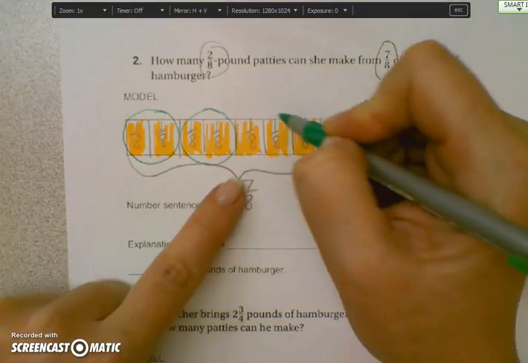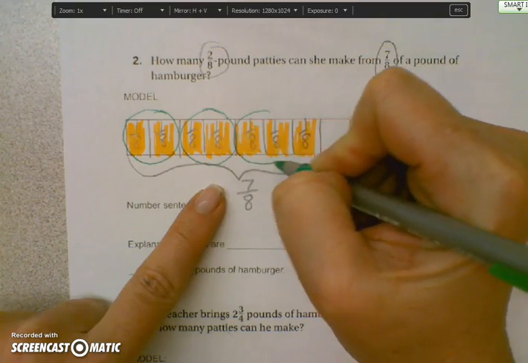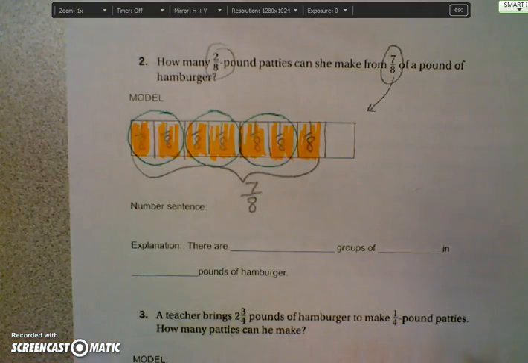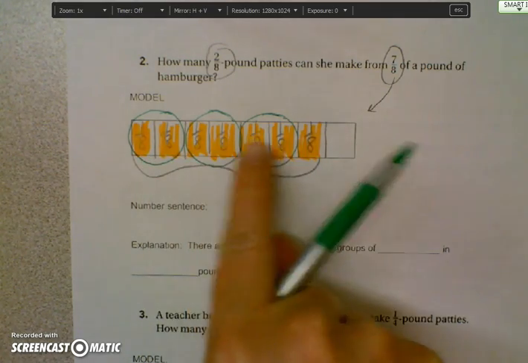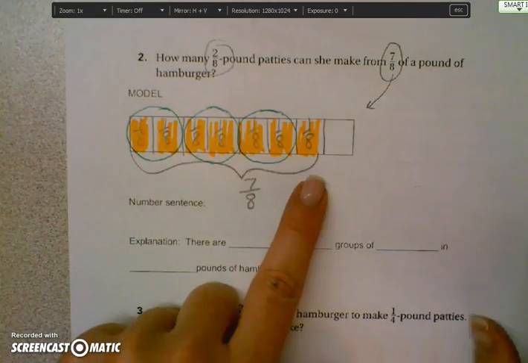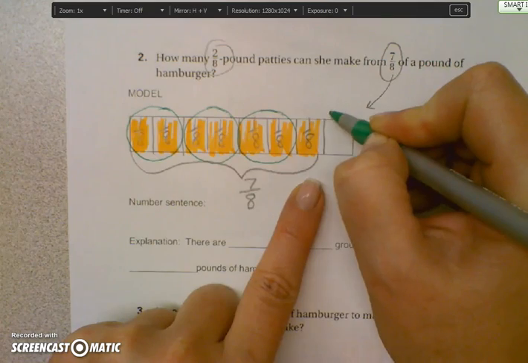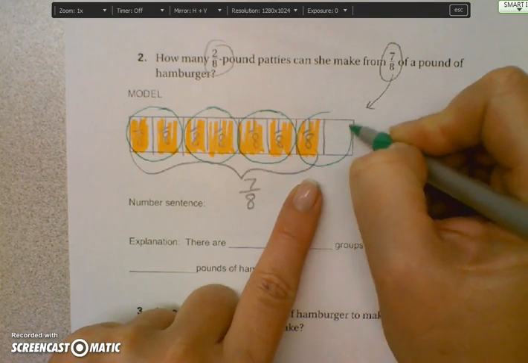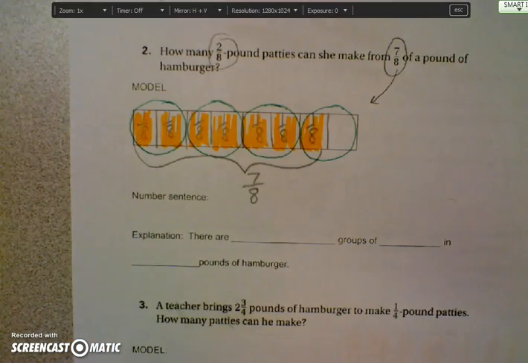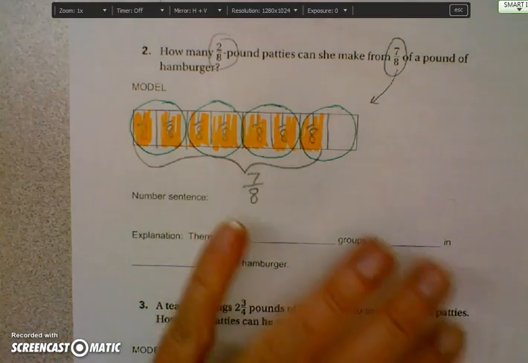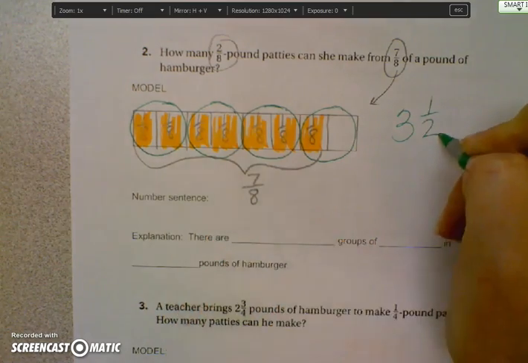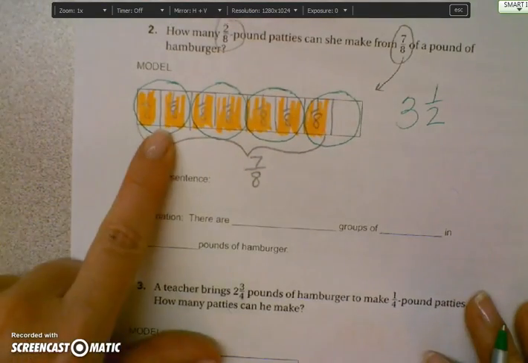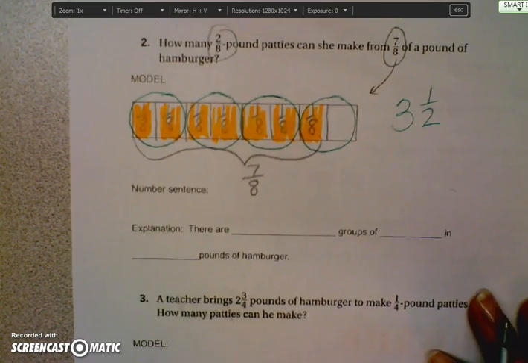We can take another 2/8 and make another hamburger. We have this piece left over. We can make 3 whole hamburgers, and it looks like we have enough to make half of another hamburger. So we can say that we could make 3 1/2 burgers if each burger were 2/8 of a pound.